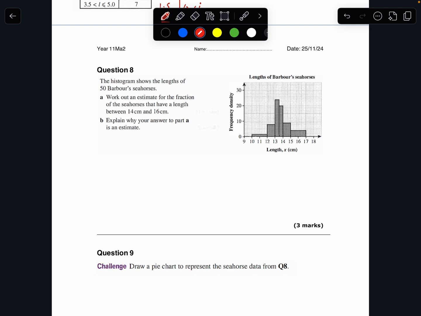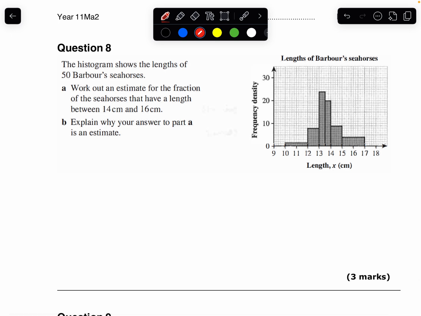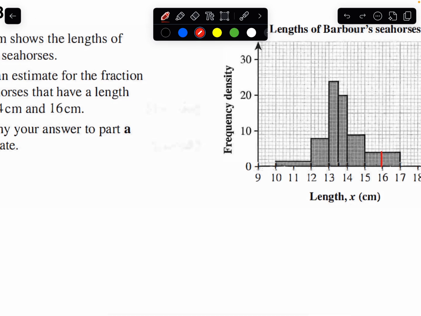Work out the estimate of fraction of seahorses that have a length between 14 and 16 centimeters. So we need to work out the area of this section here and the area of this section here. Okay, so this has a width of 1 and a height of, I want to say, 9.